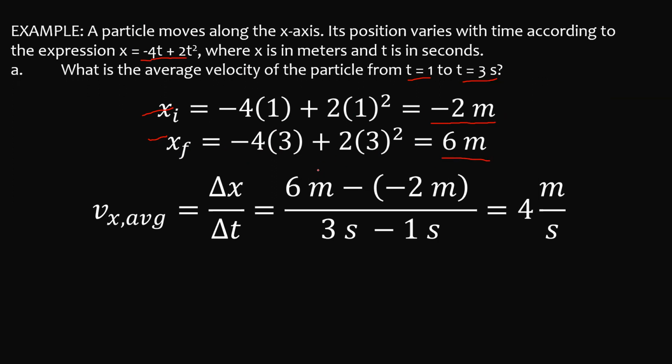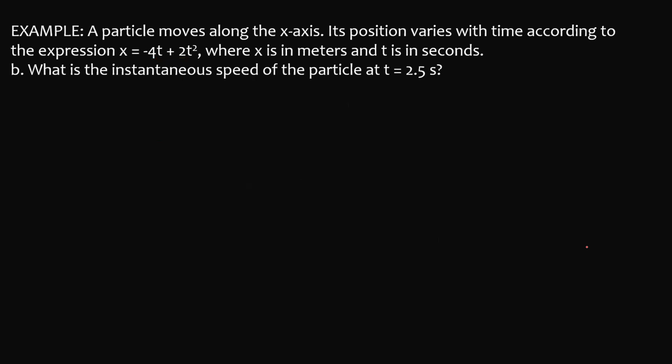Therefore, our average velocity is displacement over time, where the displacement is 6 meters minus negative 2 meters, and our time interval is 3 seconds minus 1 second. We will get an average velocity of 4 meters per second.